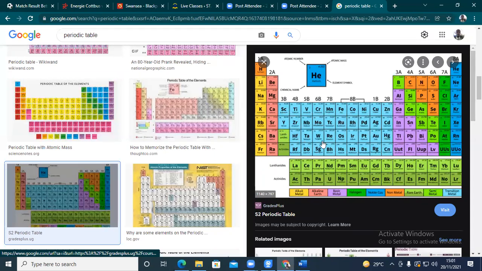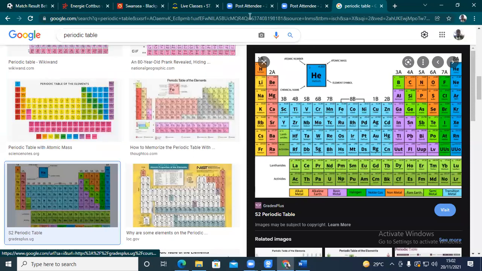You see copper, you see zinc, even chromium, manganese, iron, all of them are here in the middle. Whatever metal you have not seen in the first 20 elements, most of them are here.